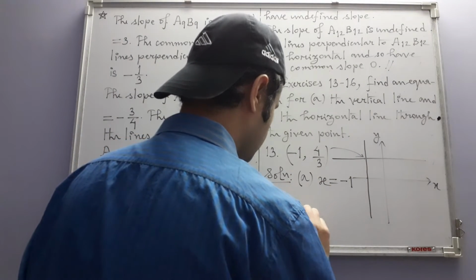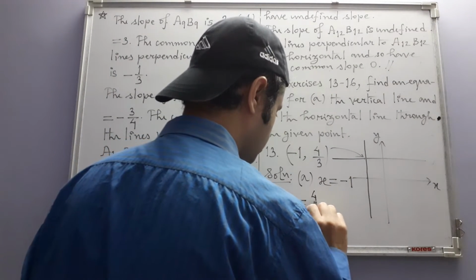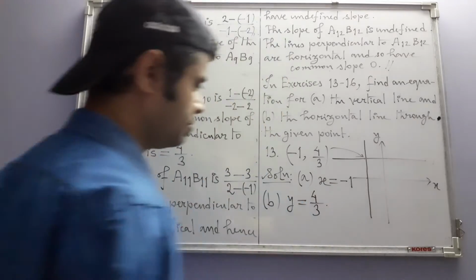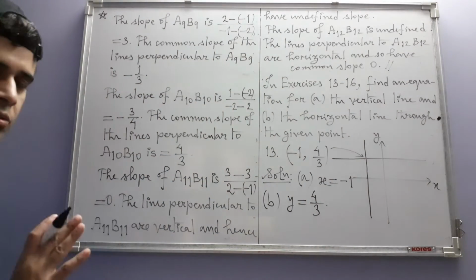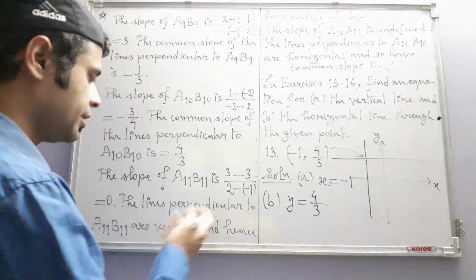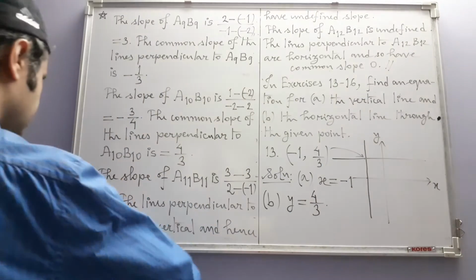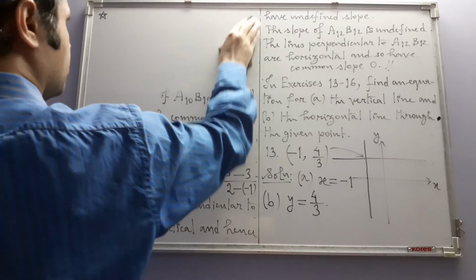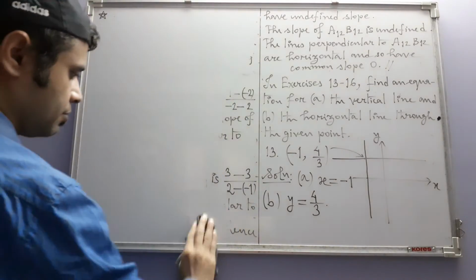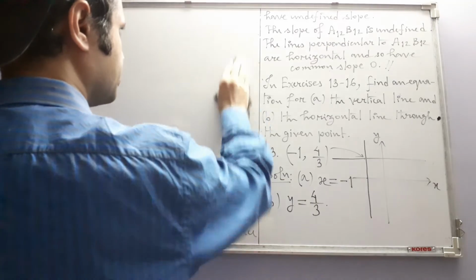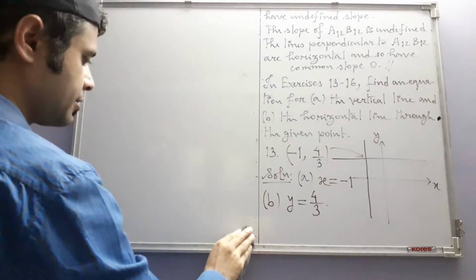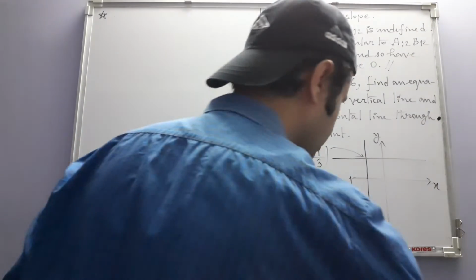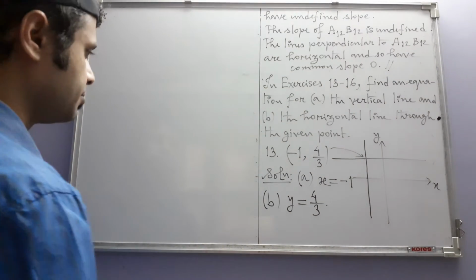So here the equation is y equal to 4 by 3. Now that we have seen one, we can now similarly write the others. Vertical means x is constant, horizontal means y is constant.